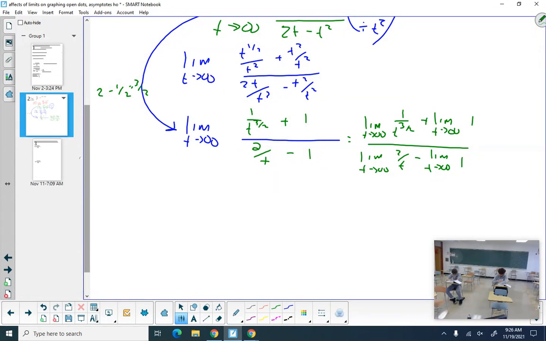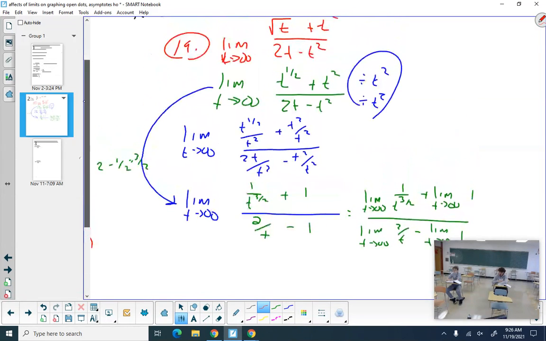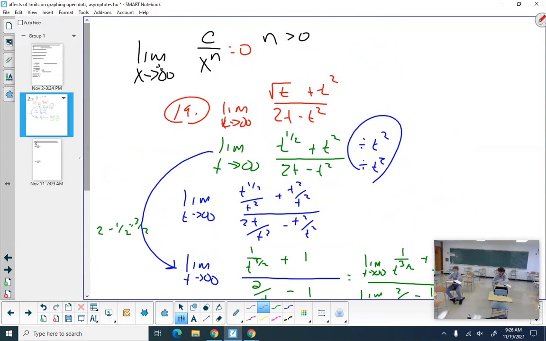And this is something that you can do as mental math also. You don't have to write this step out. But what we fall into now is utilizing this property with respect to infinite limits.